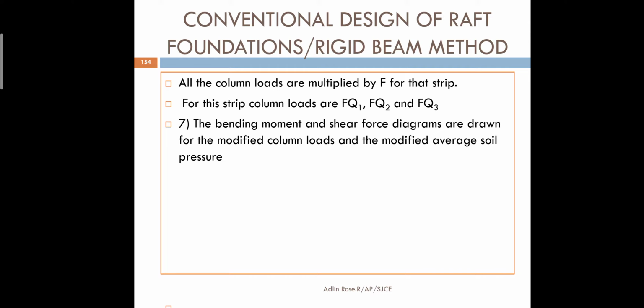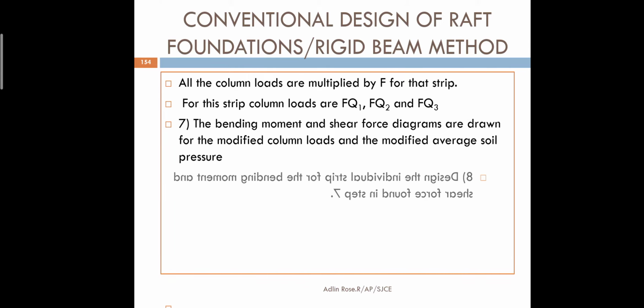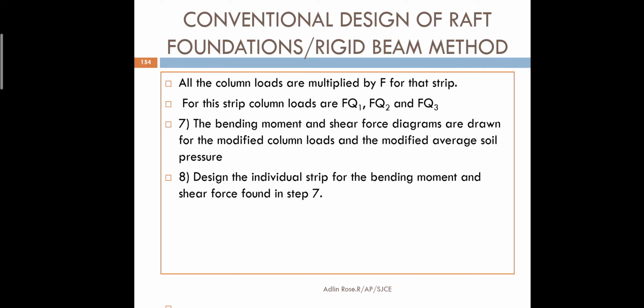Okay, now again we will redraw the bending moment diagram and shear force diagram using these new loads. New loads are modified column loads. Using this we will find the average bending moment diagram and shear force diagram. And then you design the raft reinforcements like for the beams.